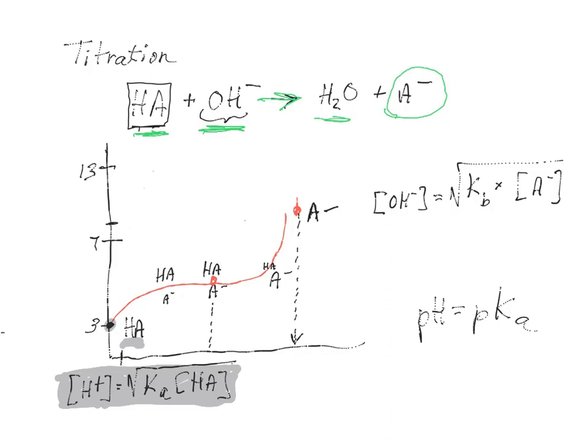So right here, we are starting to wipe out some of our acid. In effect, we're getting rid of that acid. Now you'll notice I made the HA a little bit smaller because some of it has been reacted and we're making a little bit of A-.